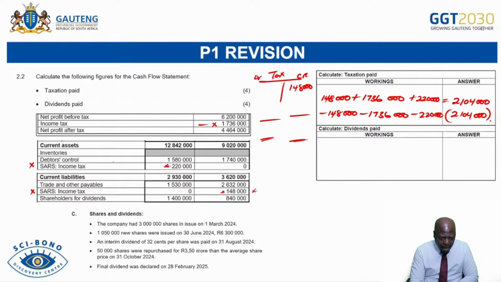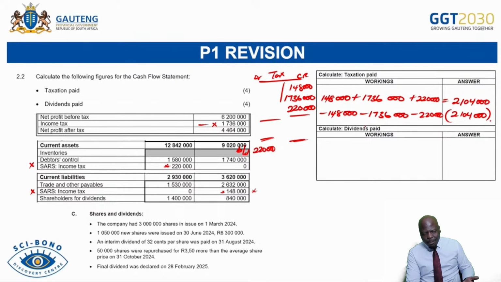And then the closing balance is a debit, which is 220,000 over there. But we know this is balance BD, so the CD will be up here. The CD will be 220,000 over here. And then income tax is always on the credit side, which is your 1,736,000. So these are the three methods that one could have used, and then you'd come up with your amount there.